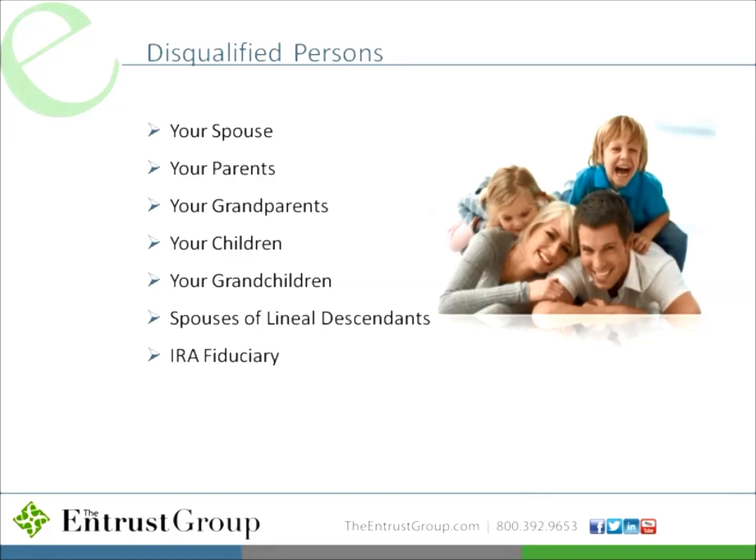You can find this list in Section 4975, and it states very clearly that it's basically the account holder as an individual, their spouse, their parents, grandparents, children, and grandchildren, as well as anyone who has a fiduciary relationship with that IRA account holder. So if you look at yourself and draw a line north-south, those people are called disqualified parties, disqualified persons. Those people cannot do deals between your IRA and those people.